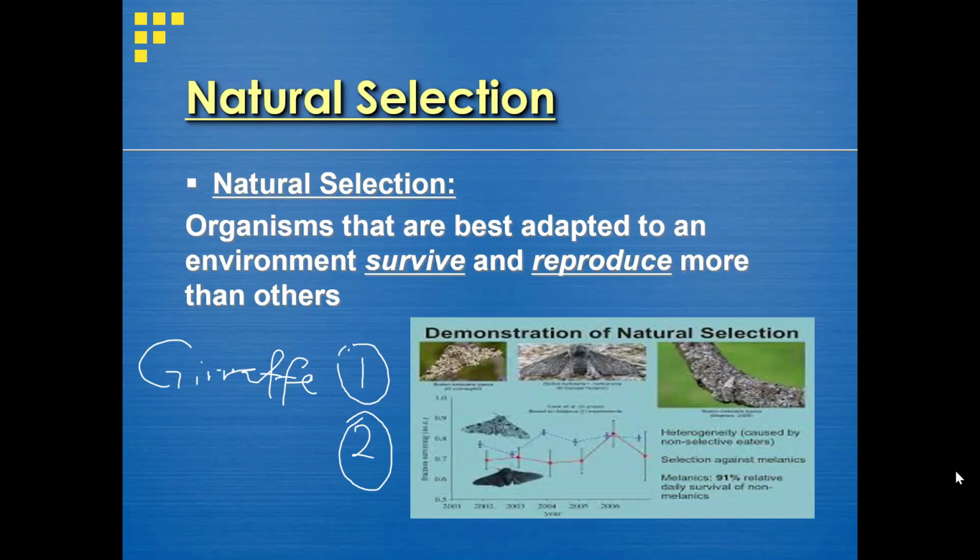So giraffe 1 is able to survive, adapt to the environment, and reproduce, while giraffe 2, because of its shorter neck, cannot survive and will die. The process in which giraffe 1 survives, adapts, and reproduces in the environment more than giraffe 2 is what you call natural selection.